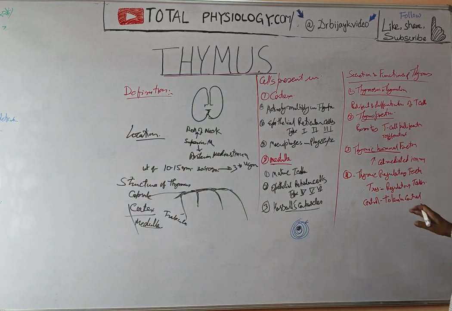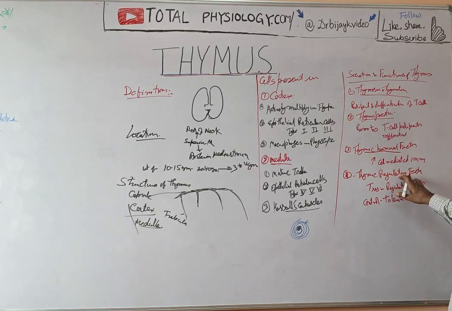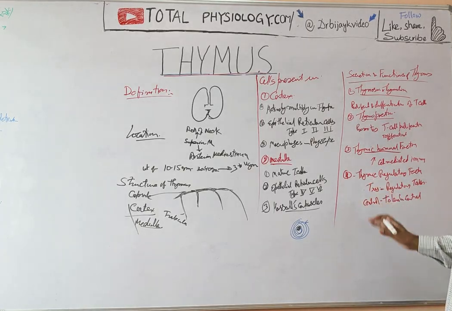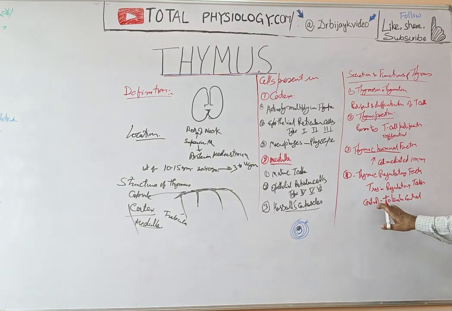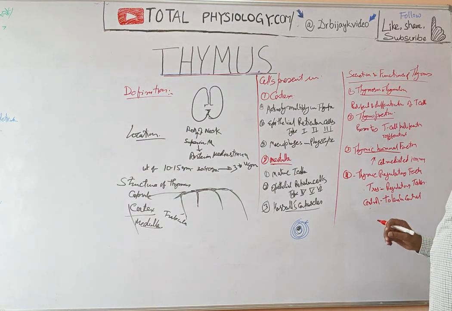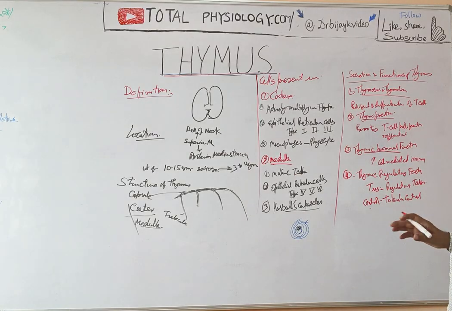Regulatory T cells are under control of thymic regulatory factor secreted from Hassall's corpuscle, and its function is central tolerance. So this is about thymus.